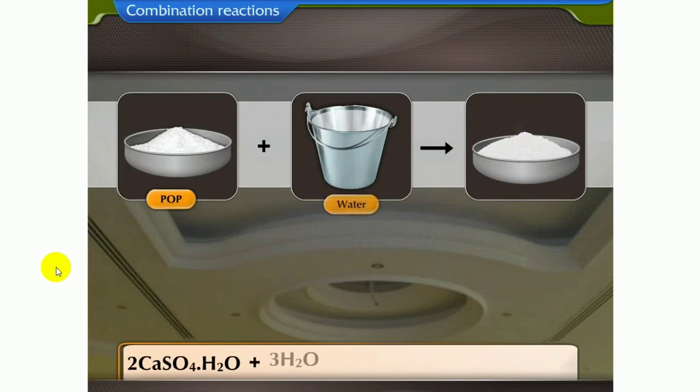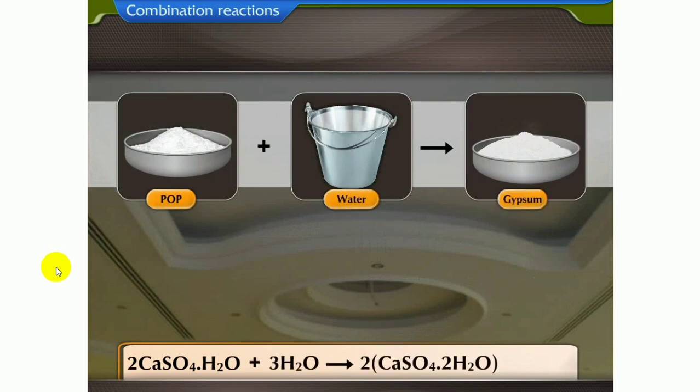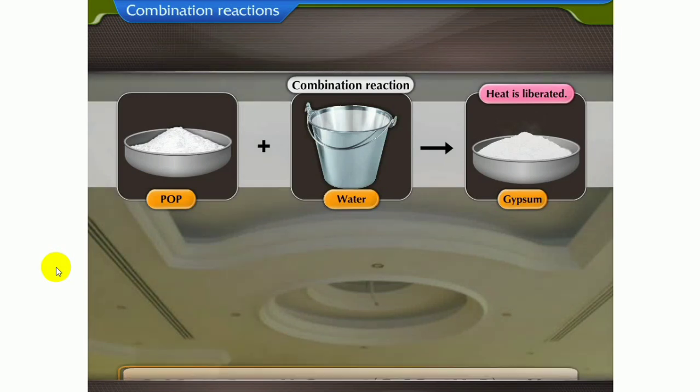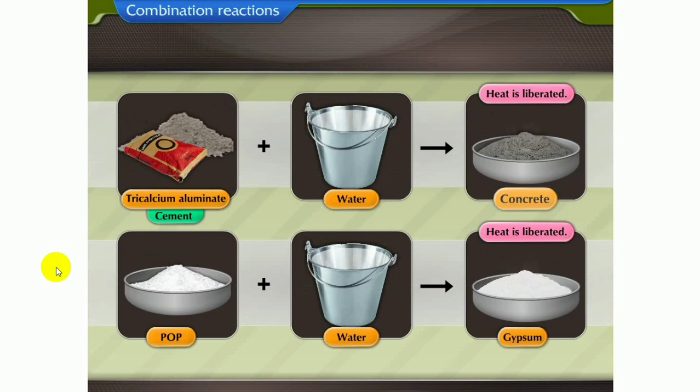POP, when mixed with water, sets into a hard mass called gypsum. During this reaction, heat is liberated. This is a combination reaction. Gypsum is mainly used in the manufacture of cement. The formation of concrete and the manufacture of gypsum both involve liberation of heat.